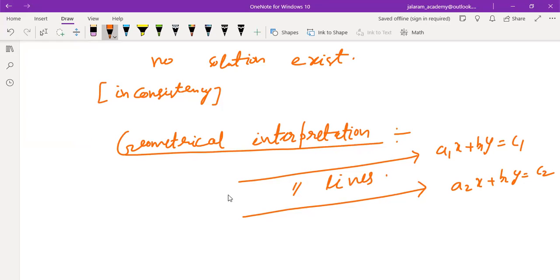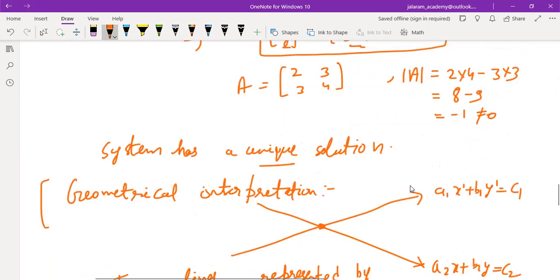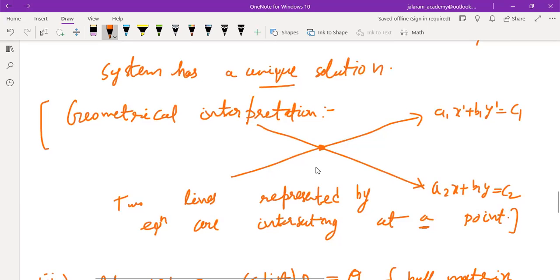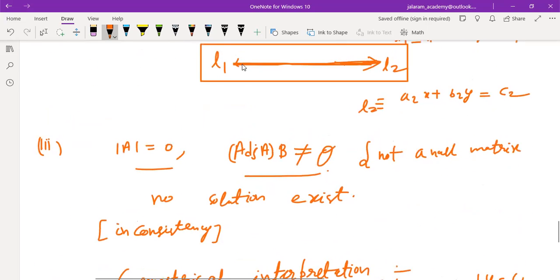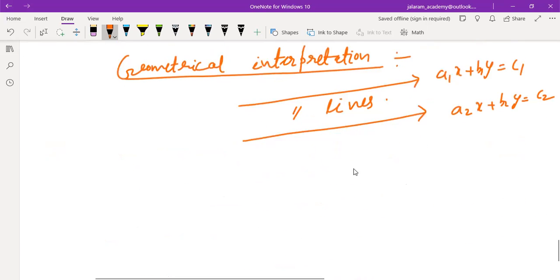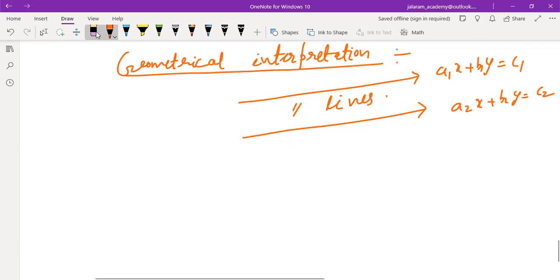Then only there will be no solution, as they will never intersect each other. Solutions exist only when they intersect at one point, or they intersect at every point, meaning they coincide, one over the other. Then they are consistent, otherwise inconsistent.